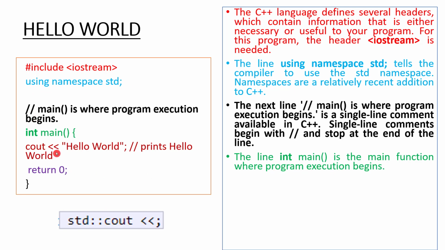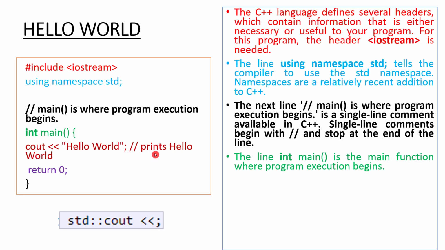cout, then hello world. This is the syntax. So cout, arrow, then hello world. You have to put it in inverted commas, then close with the semicolon, and then you put the forward slash comment, prints hello world.